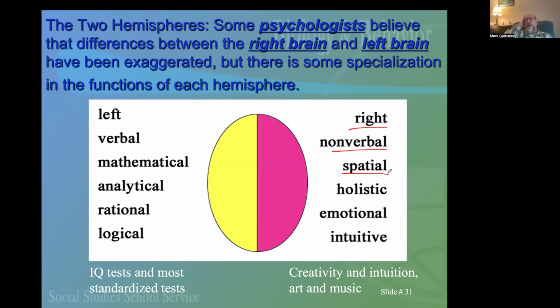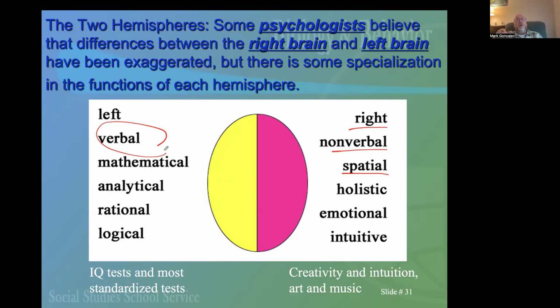It's more geared toward helping people judge distance and recognize shapes, and the emotions seem to reside here in the right hemisphere of the brain. Whereas the left side seems to be responsible for speech. That's where Broca's area and Wernicke's area are.